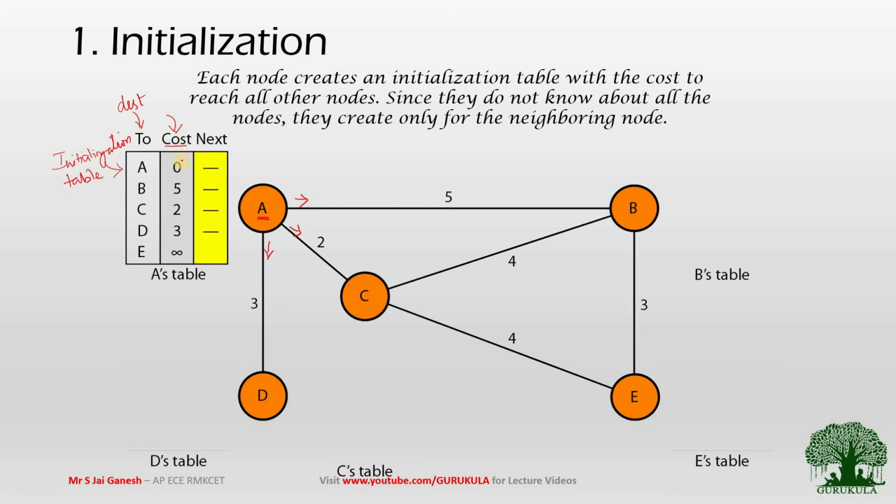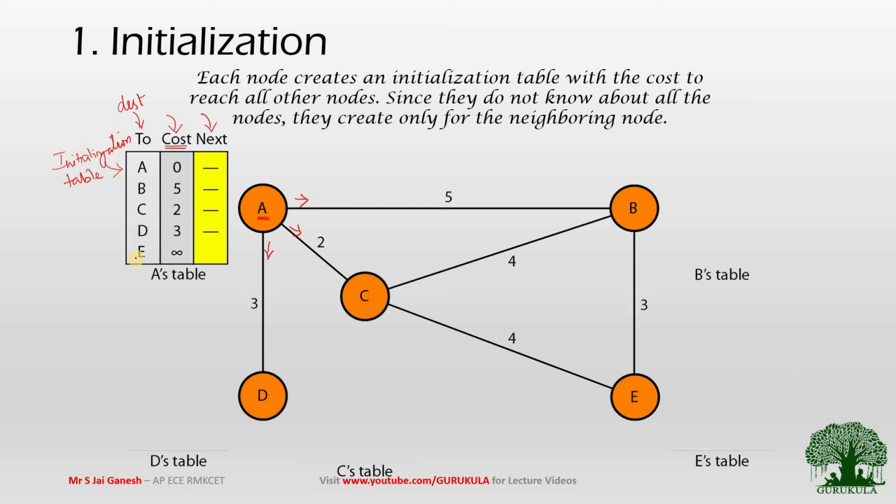We very well know the cost represents the number of hops that we consider in this discussion, and the next column represents the next hop where my packet has to be routed in order to reach the destination. These are the three important columns that will be there in the routing table, and the routing table will be maintained by the routers.